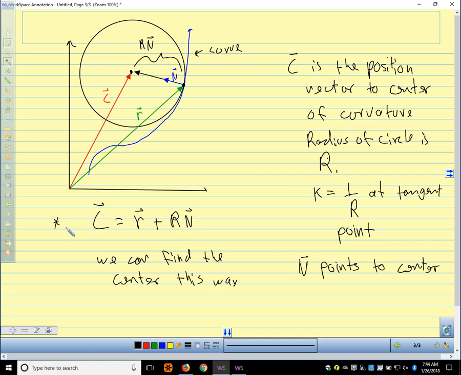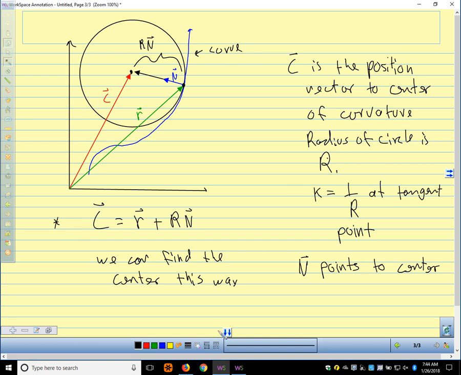So the osculating circle approximates the curve very closely at that particular point. We talked about T and N being coplanar. The plane that contains T and N is called the osculating plane.